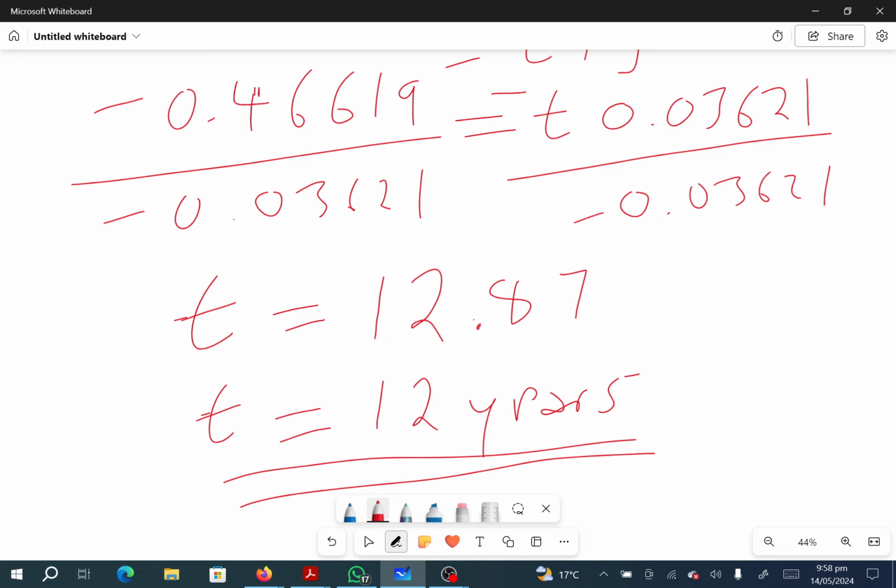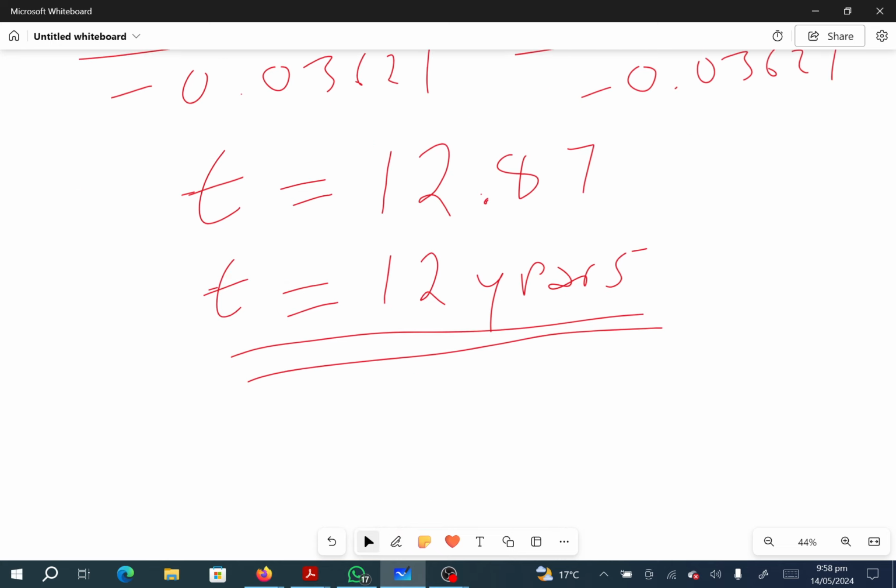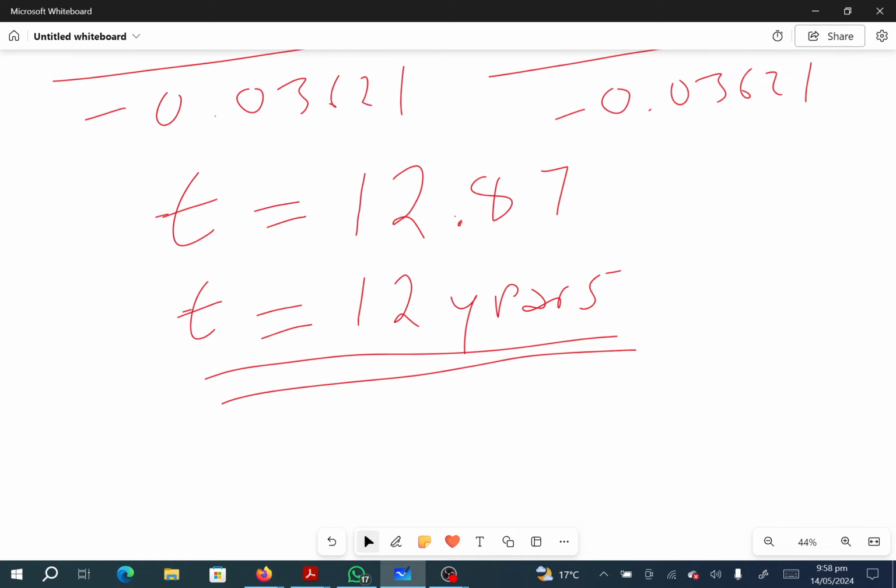So what this means is that the machine will have a depreciated value of 102,550 approximately at the end of the 13th year. This can be 13 years when you round off.